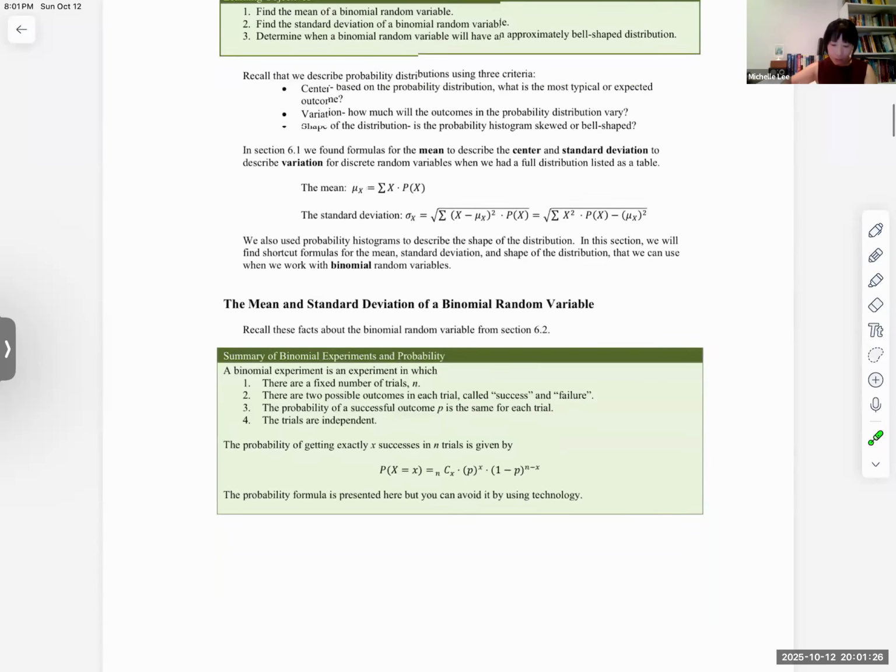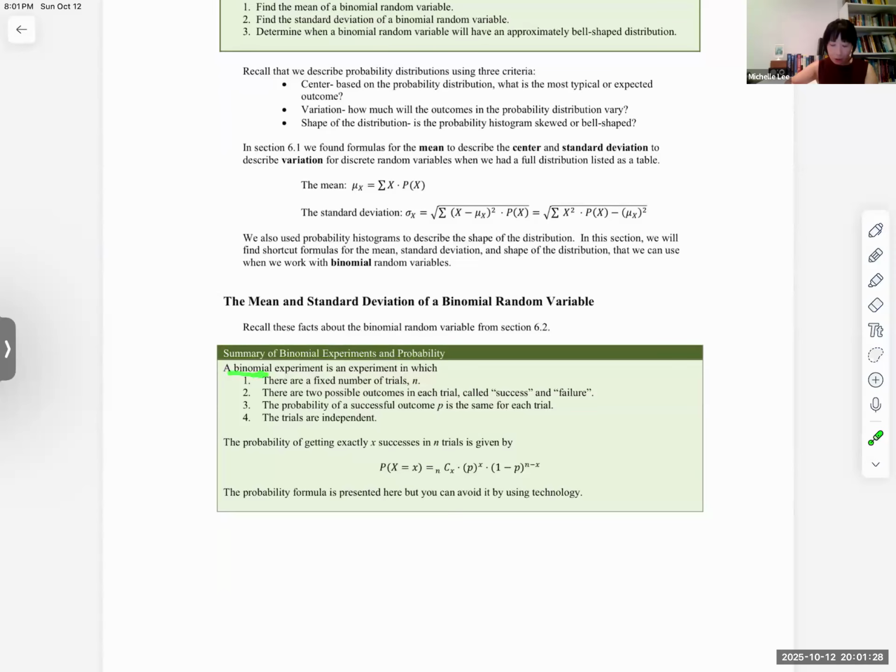Okay, so for a binomial experiment, we have to check the four criteria. A fixed number of trials, and success or failure. The "bi" in binomial comes from those two outcomes.